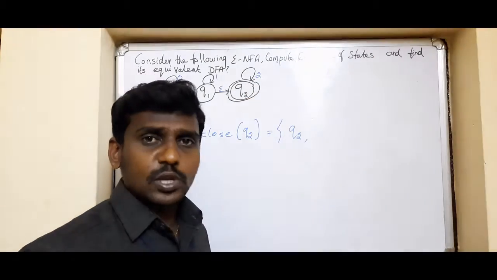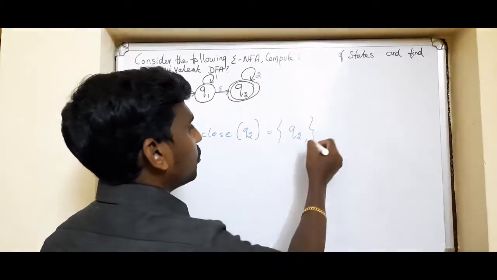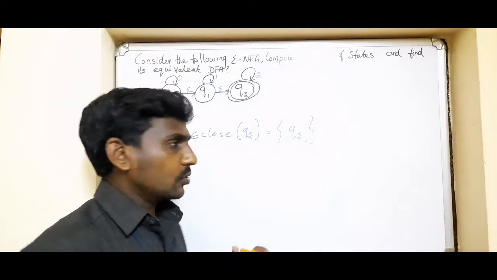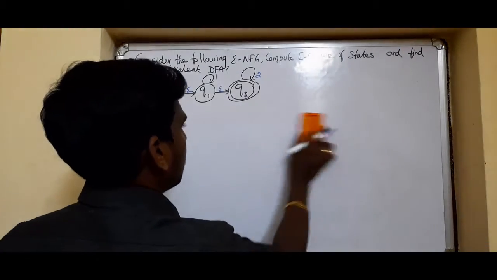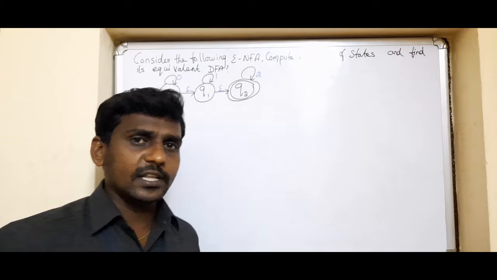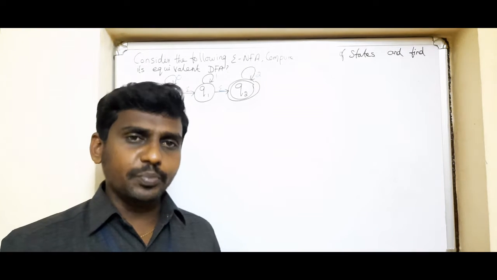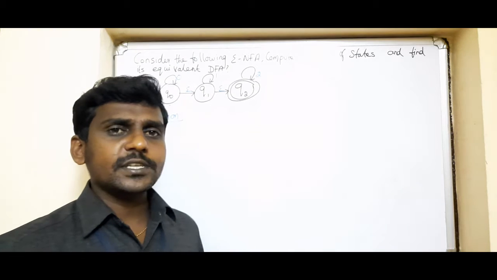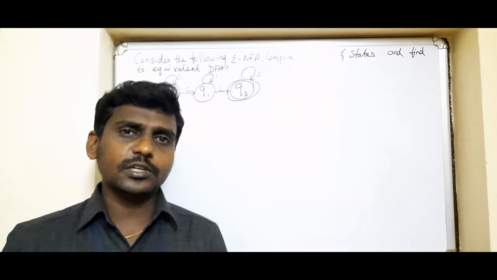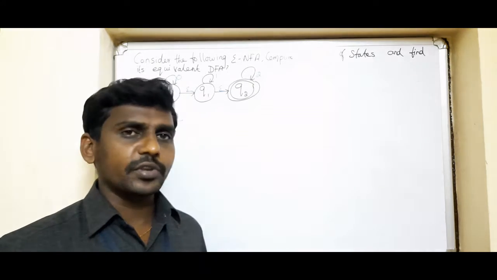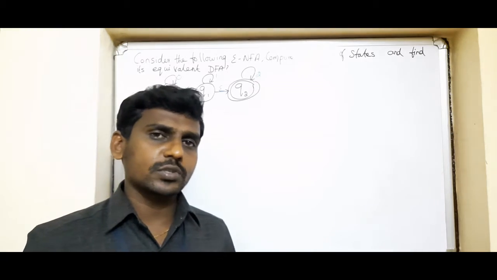From Q2 there are no epsilon moves, so only Q2 comes. You should remember this concept first. Once again, whichever state you are finding E-closure of, that state should be there. Then from that state, wherever epsilon moves go directly, we also write those states. That is the way to find E-closure.